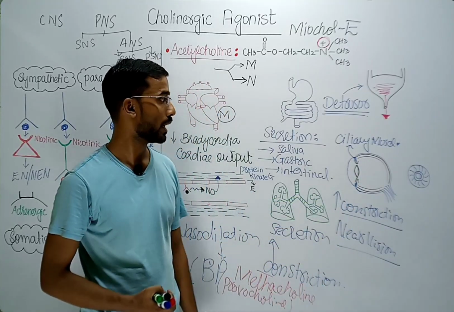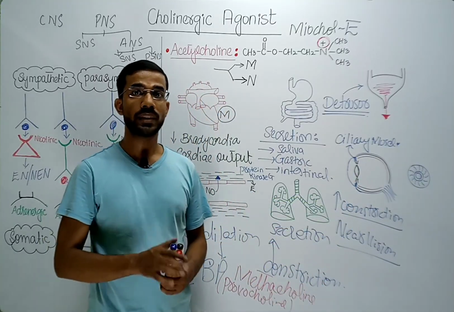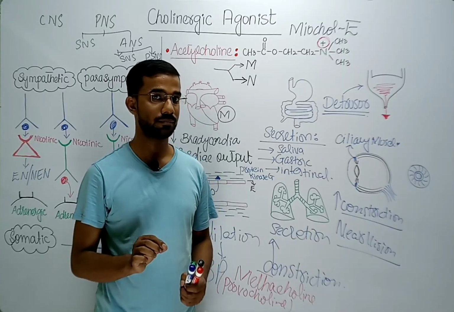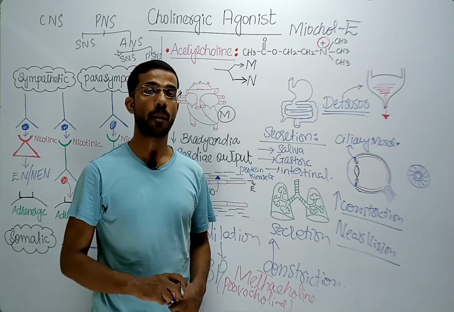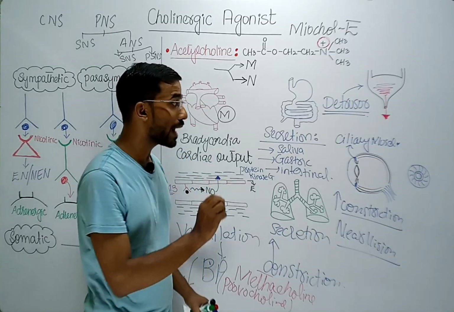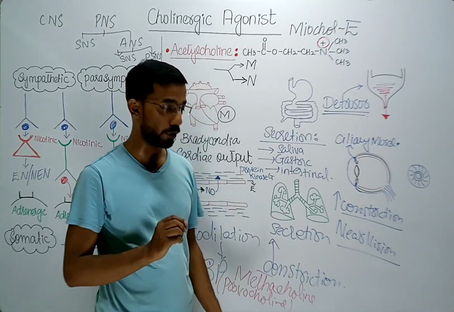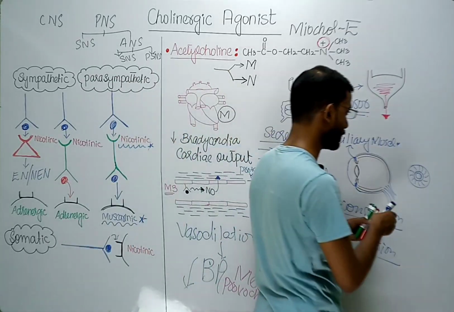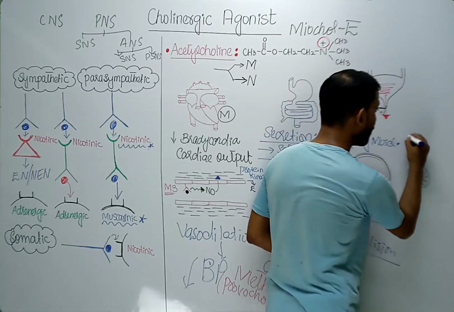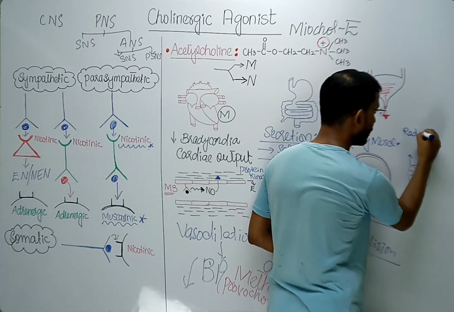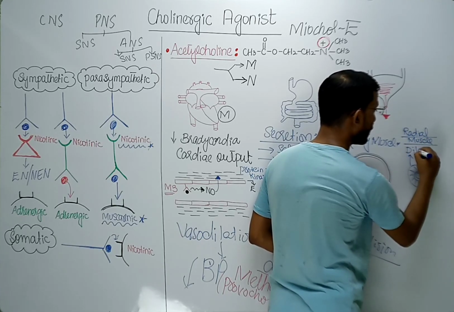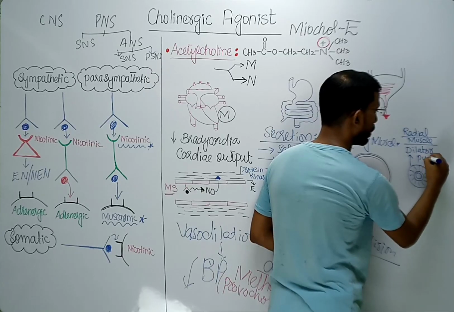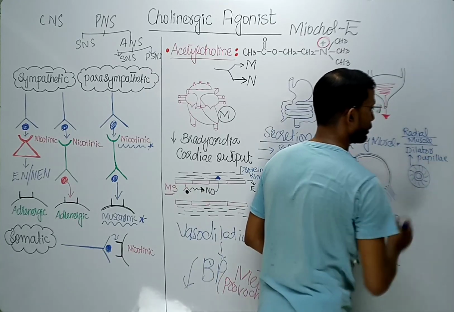Next, most important, the part of our eye that gives the different colors in the eye is produced by the iris. So the iris has two major muscles. First one is the radial muscles, or you can say dilator pupillae.